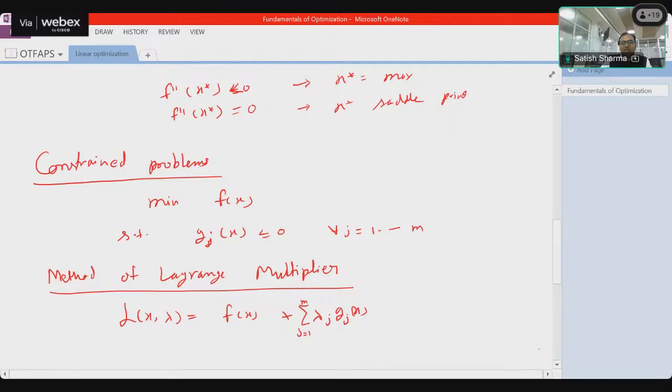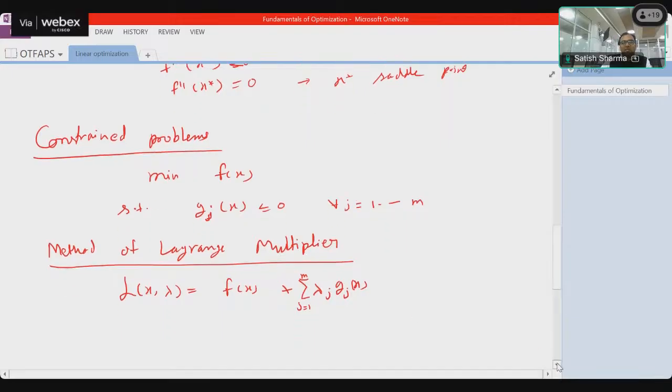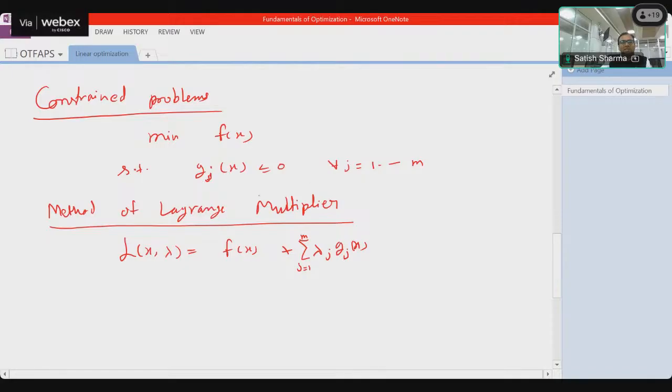This is how I write a Lagrange function, and you can see that this term has been placed as a penalty in the objective function. If I'm minimizing f(x), this term should be 0, otherwise it will be added as a penalty term. So this is what this term signifies, and then we minimize this function.